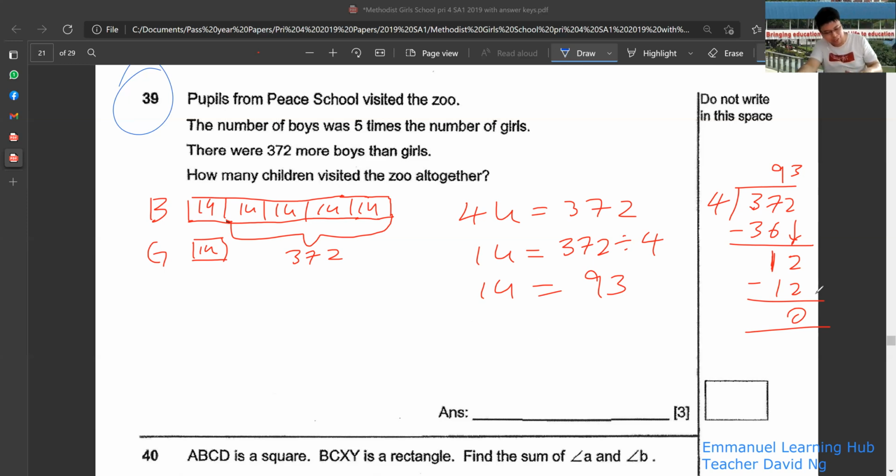No. You see carefully. How many children visit the zoo, right? So how many children visit the zoo? How many units are there altogether? You count number of units.